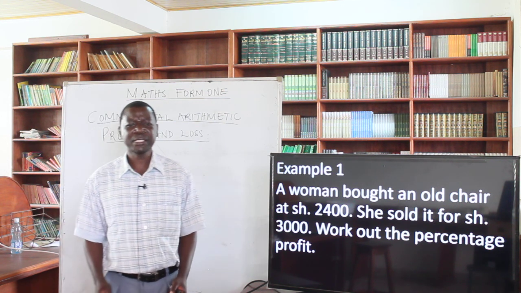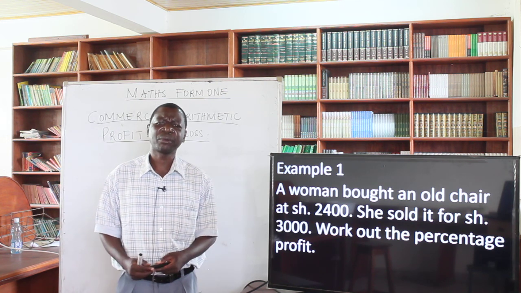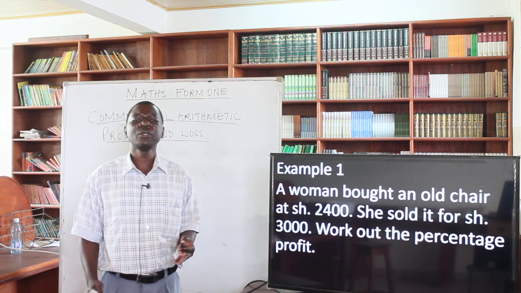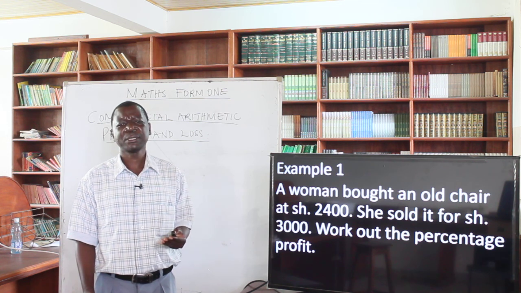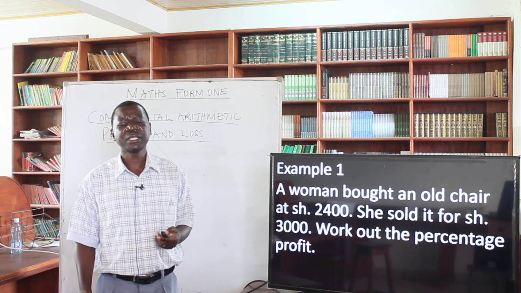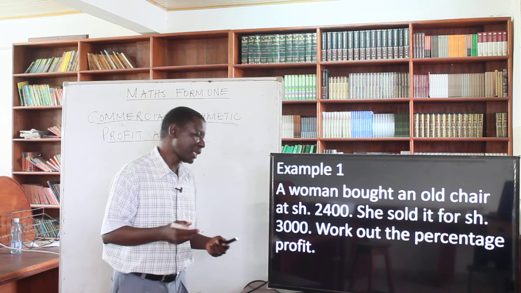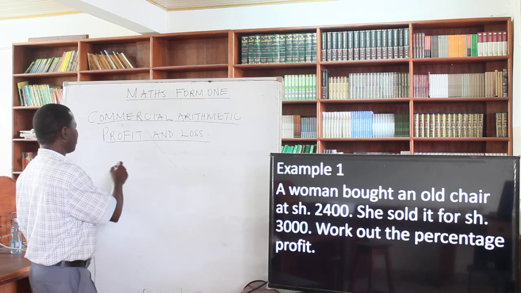Even if they don't tell us to work out the profit, we already know that this is a profit. The buying price is 2,400. The selling price is 3,000. That means the selling price is higher than the buying price, so we can get a profit here.